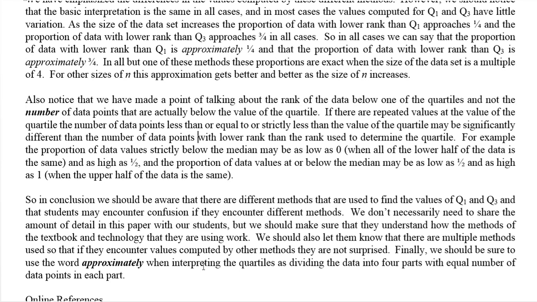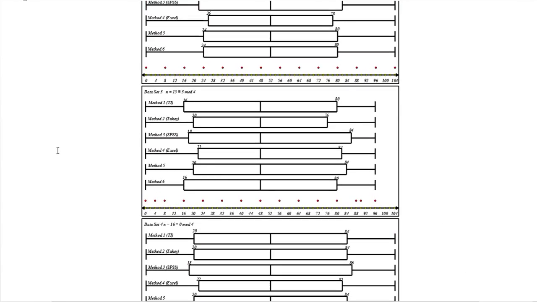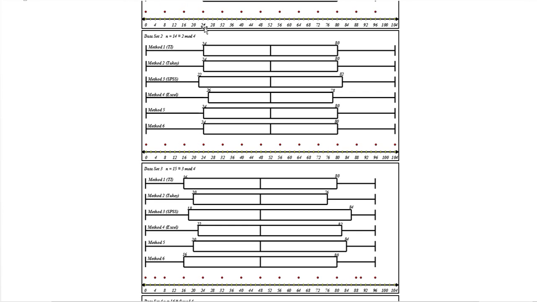But students and everybody using statistics need to be aware that there are different methods for doing Q1 and Q3, and they all give you approximately the same thing, but not exactly, and they all have the same basic conclusion and basic interpretation: regardless of how Q1 is actually defined, approximately 1/4 of the data goes from the minimum to Q1, approximately 1/4 from Q1 to the median, approximately 1/4 from the median to Q3, and approximately 1/4 from Q3 up to the maximum.